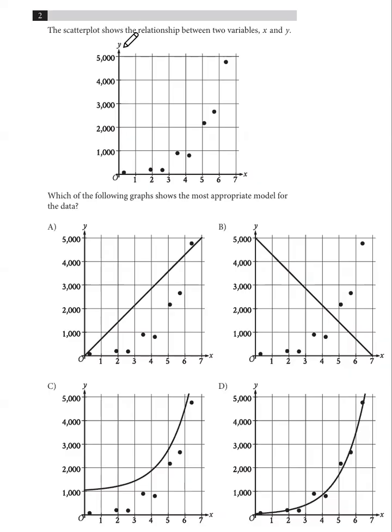So question two, the scatter plot shows the relationship between x and y, and which graph shows the most appropriate model. In this case, if we just try to follow the points as much as possible, it seems to have a sort of exponential curve. The easiest way to think about it is sum of squares.